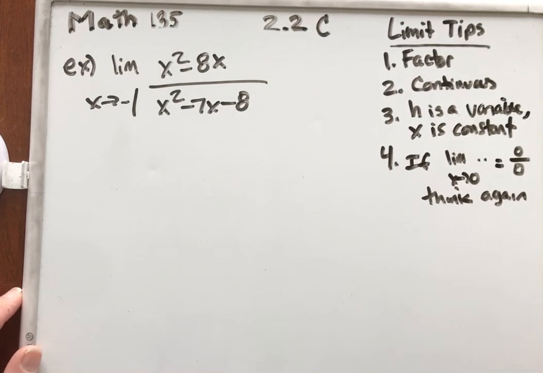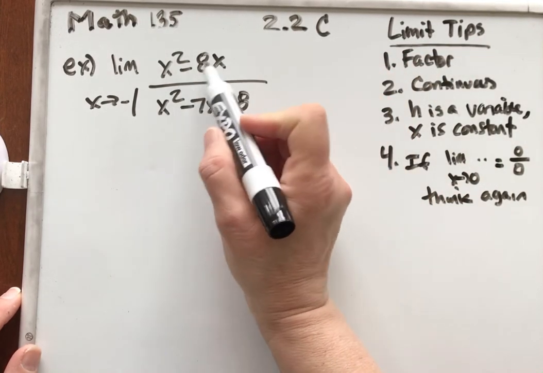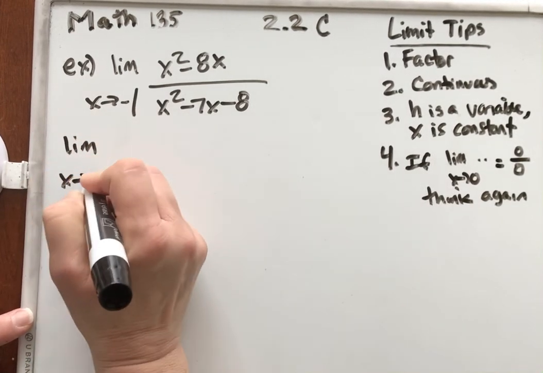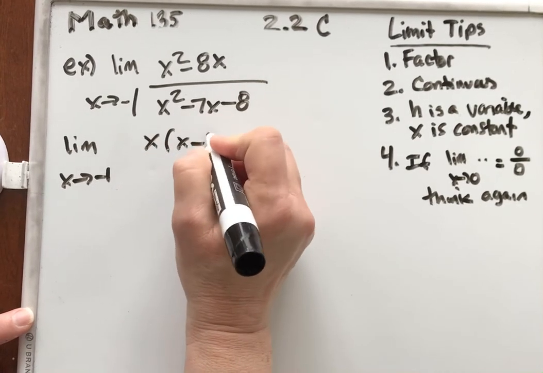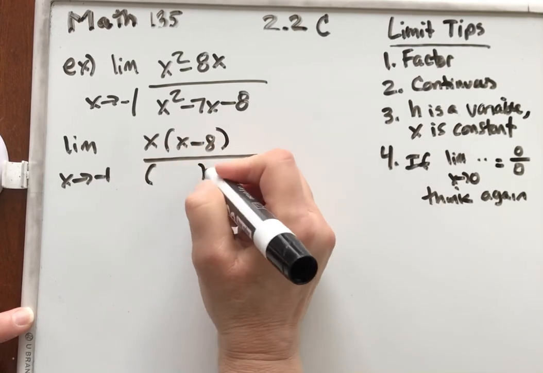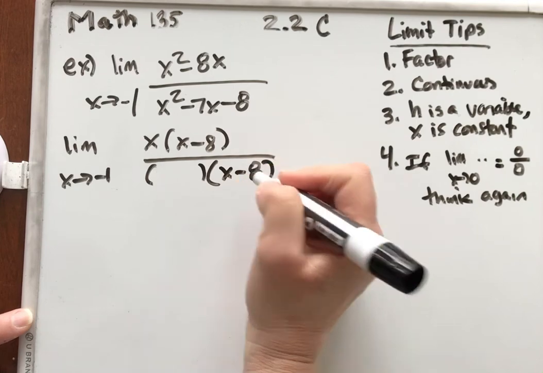Okay, so we're going to go ahead and go by our list. Factor. Is this factorable? Well, yeah, we have 2 x's. Let's see if it goes anywhere. We'll factor out an x on top, and we get x minus 8. And we factor what's on the bottom.